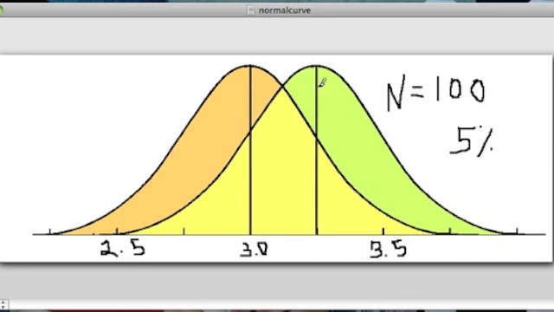If the value that I obtained for this green population is more extreme, which means either more positive or more negative, then I have a significant difference. And that means that something between these two populations varies. That means this sample could not possibly have come from this exact population.